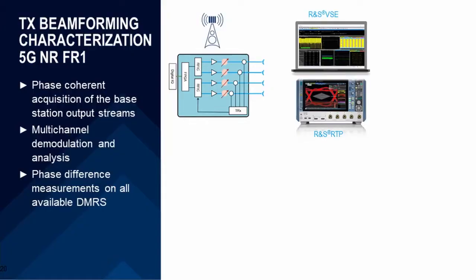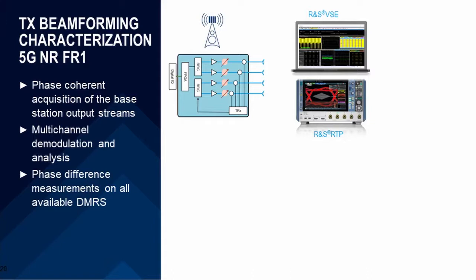And then moving on to the beamforming characterization of 5G new radio FR1 downlink signals, which is the transmitter characterization. Here you need phase coherent acquisition of base station output streams, and also multi-channel demodulation and analysis.